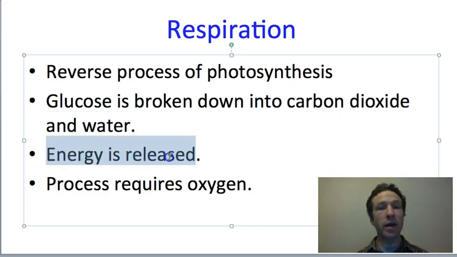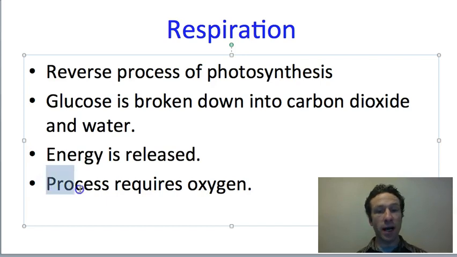Photosynthesis required energy to occur, and so respiration releases energy. And photosynthesis released oxygen as a waste product. That means that respiration is going to require oxygen as one of the reactants, or one of the ingredients.